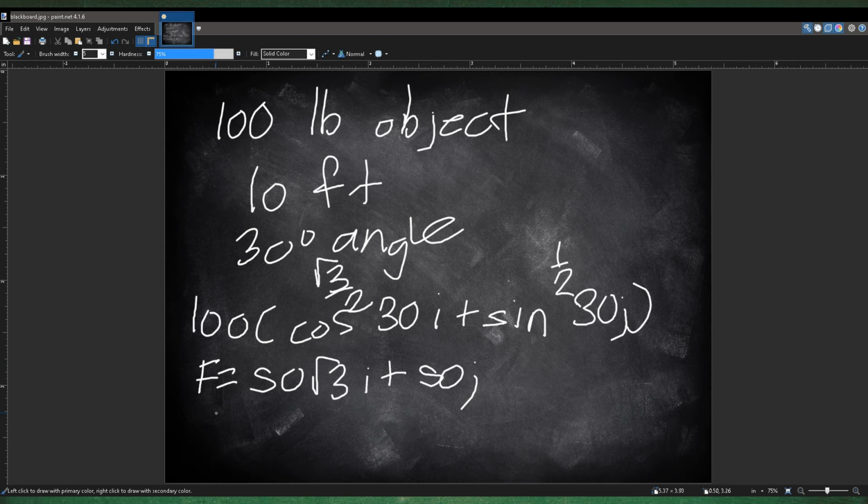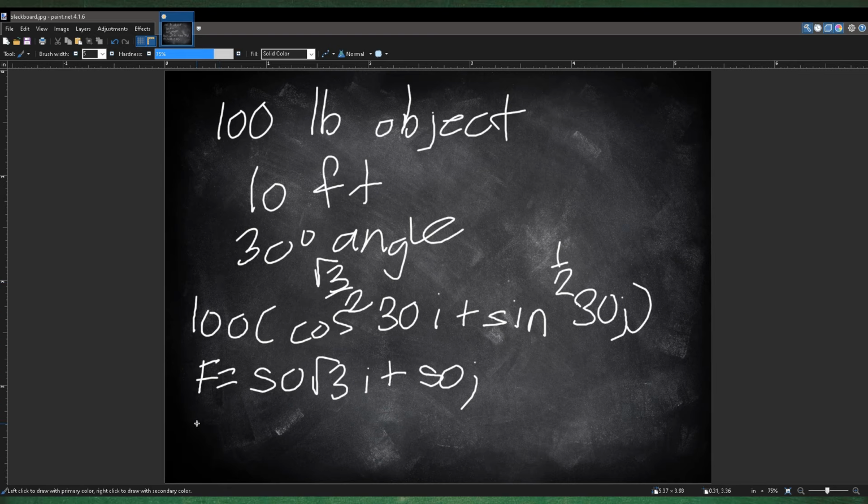Now we just need to find the force times its distance, which is times 10.